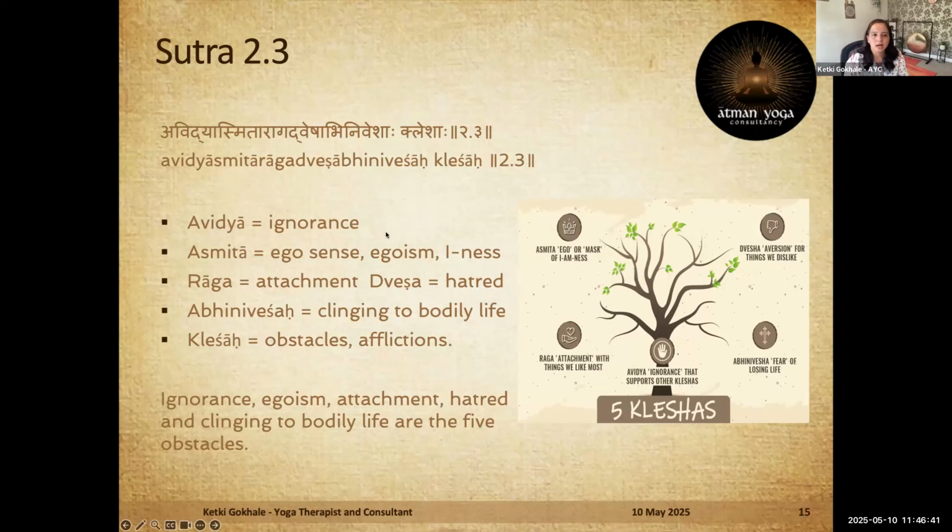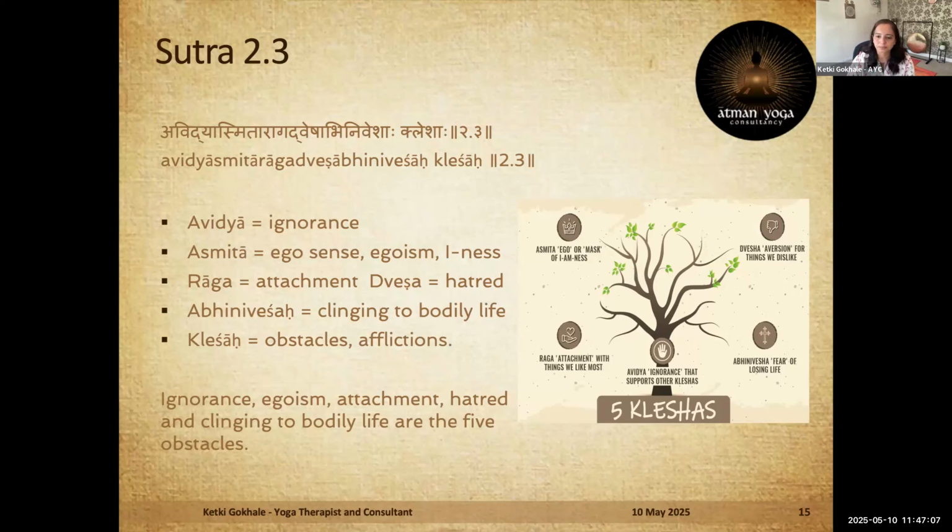Avidya asmita raga dveshabhiniveshah kleshaha. What are these kleshas? Avidya, ignorance. Asmita, ego, I-ness. Raga, attachment. Dvesha, hatred. Abhinivesha, clinging to bodily life or this life. Kleshaha, these are the afflictions.